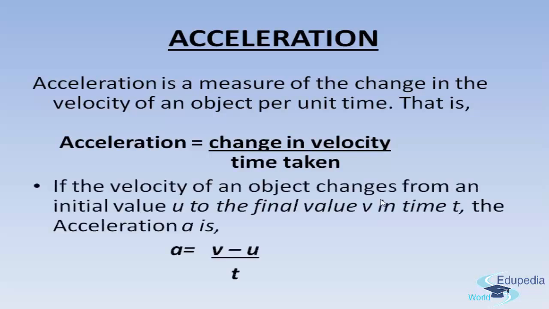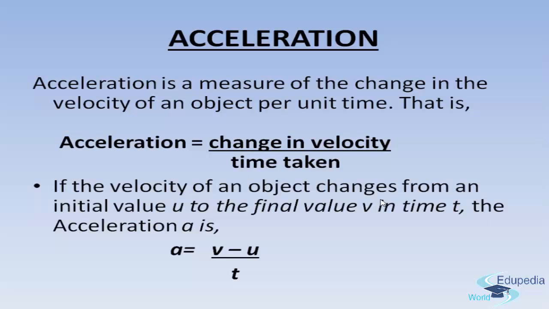Now, let's say the velocity of an object changes from an initial value u to a final value v in some particular time t. So in this time t, the velocity of the object changes from u to v.